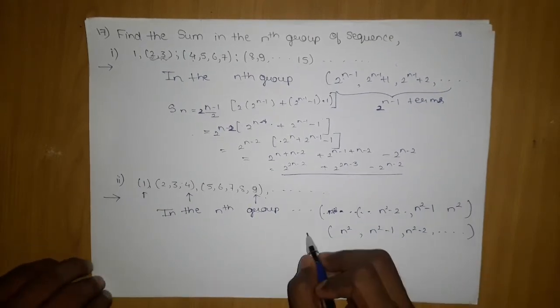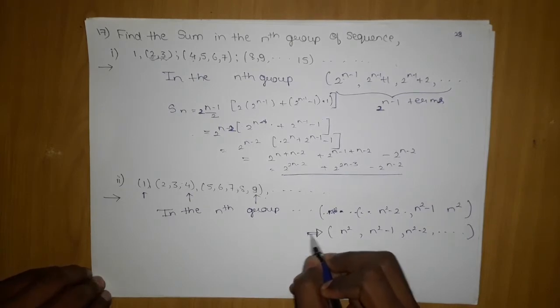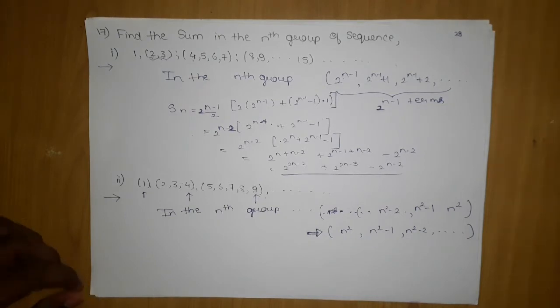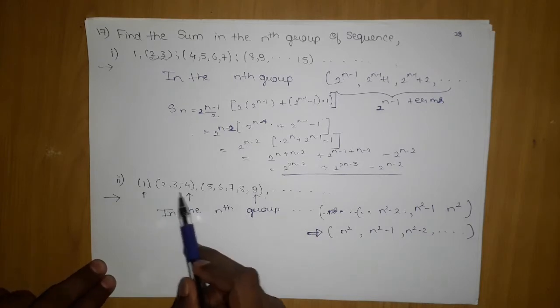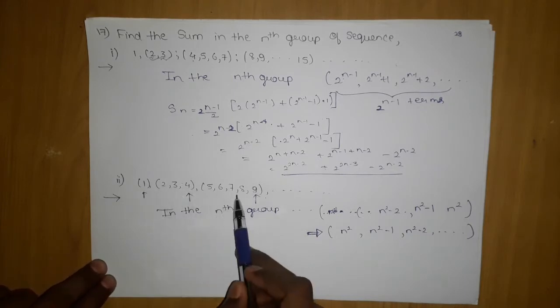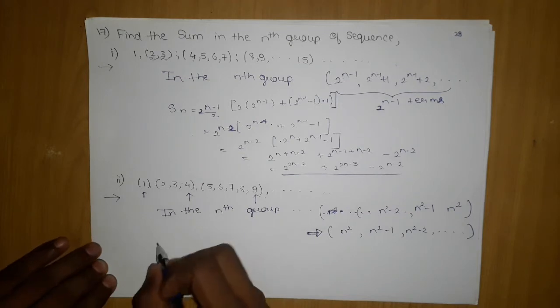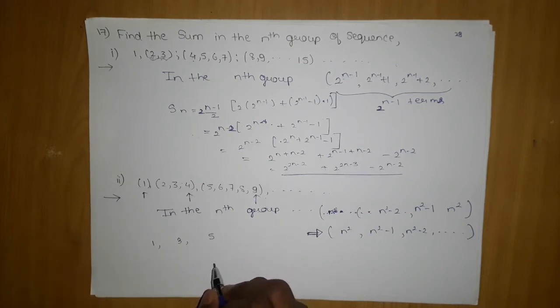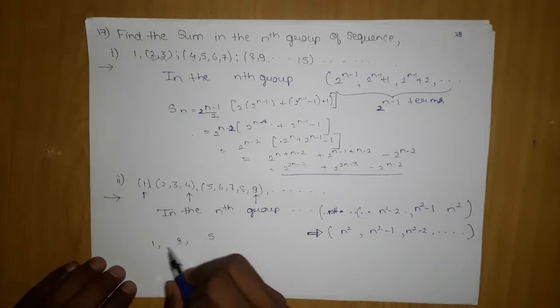You should know this thing also, that we can write the nth group like this in this type of question. But the one thing which we want is the number of terms. Here it is 1 term, here it is 3 terms, here it is 5 terms. So first 1, 3, 5, they are forming a particular pattern of odd numbers of terms.